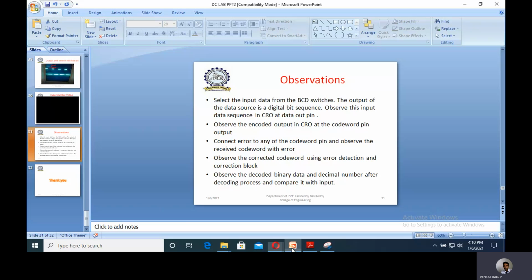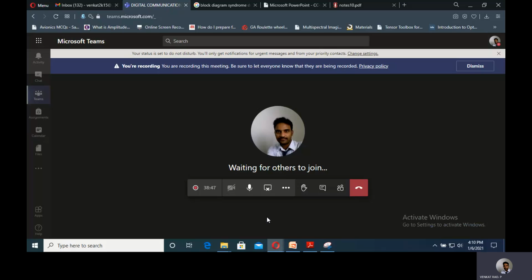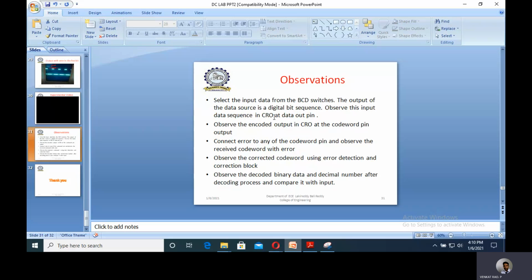So that is the experimental analysis of the cyclic encoder and decoder. These are the observations.